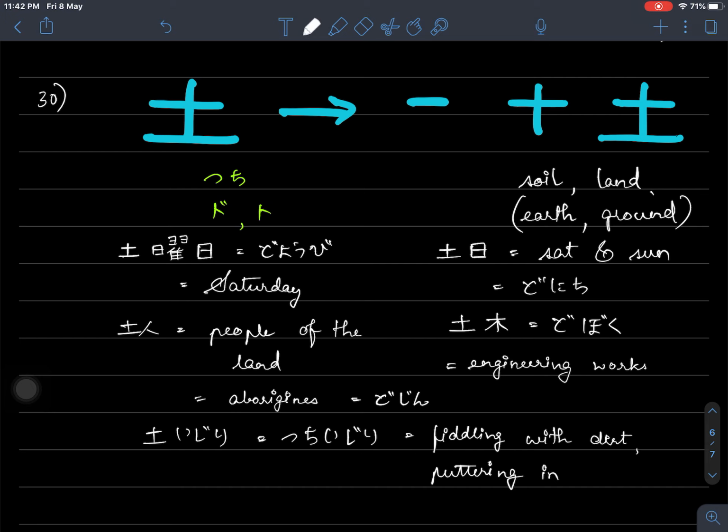For some reason I feel like this is an extremely British way of putting it. Puttering in the garden. Imagine a British person saying that.